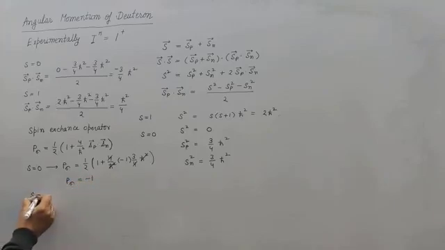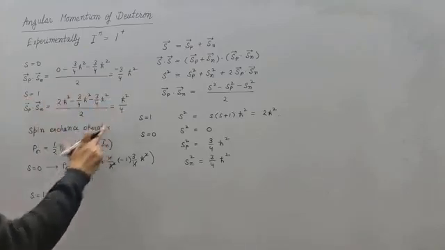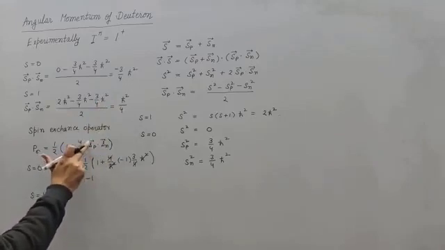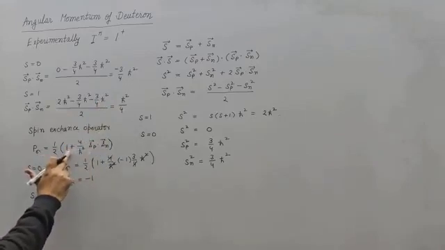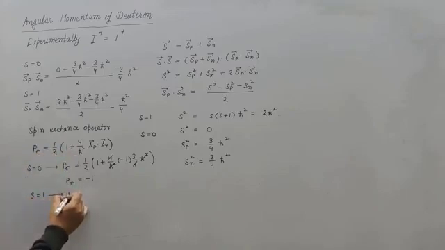For S equal to 1, Sp dot Sn is ħ²/4. If you substitute ħ²/4 here, this becomes 1/2 (1 + 1), so it will be 1. So the value of P sigma will be plus 1.